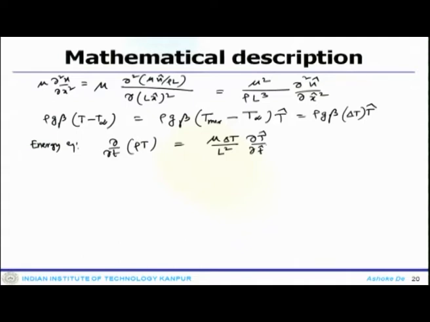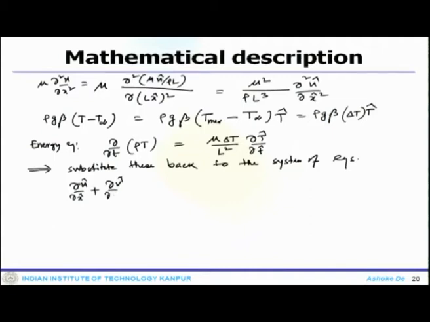So, similarly, if you transform and substitute all these back into the system of equations, your continuity equation becomes now only del.